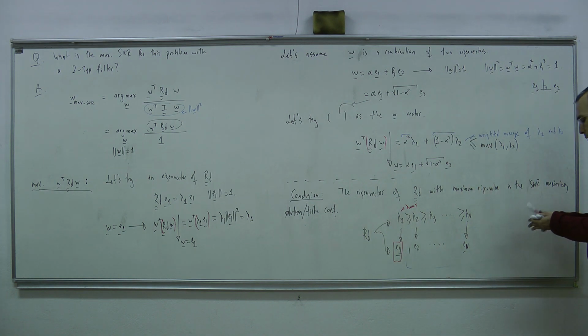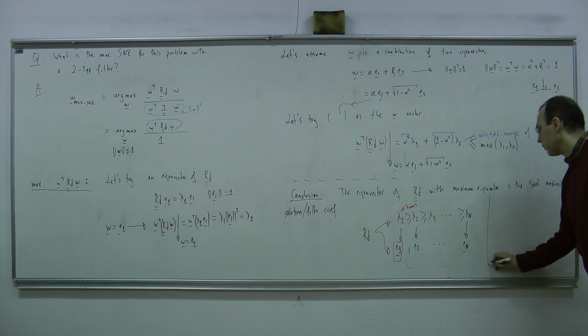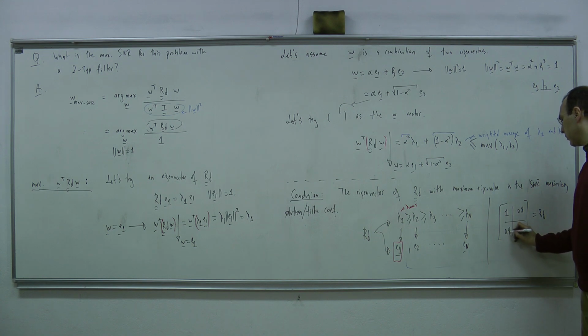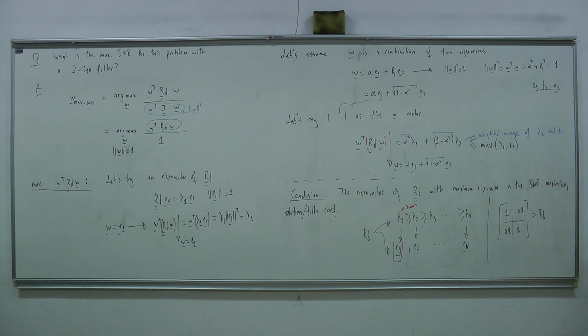So if we return back to our original problem, what was RD? 1, 0.8, 0.8, and 1. Since this is a symmetric matrix, and it's a 2 by 2 symmetric matrix, I can write eigenvectors of this.